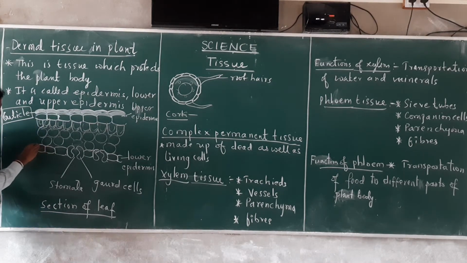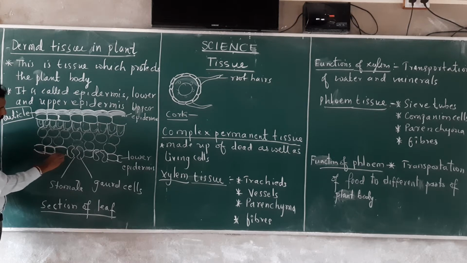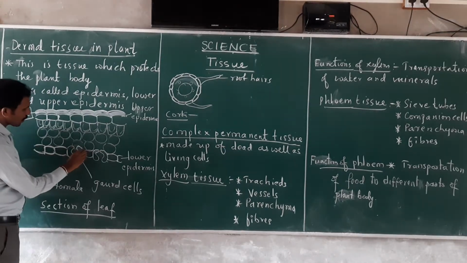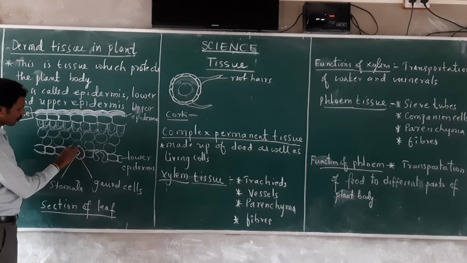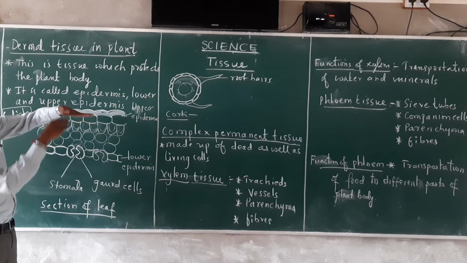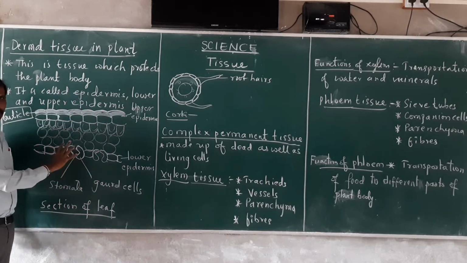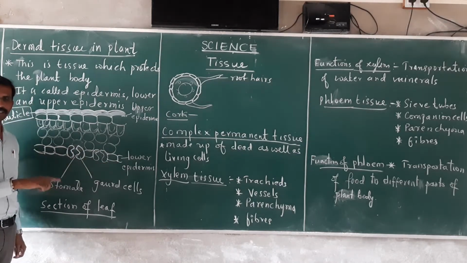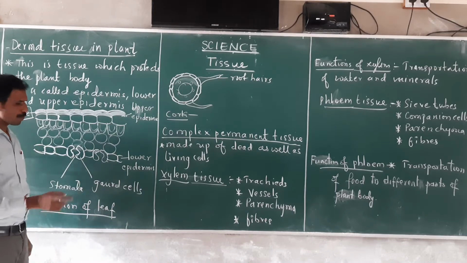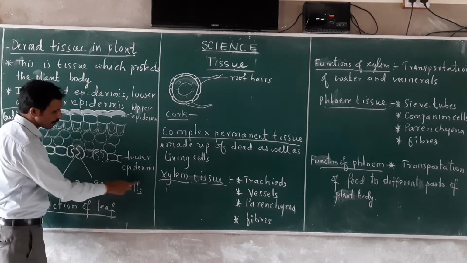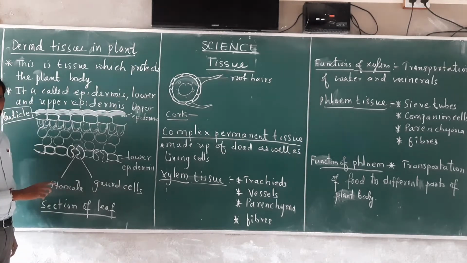The lower epidermis also plays a very important role in the plant body, because beneath the leaf, in this layer, there are some epidermal cells in the lower epidermis which are converted into bean-shaped cells called guard cells.